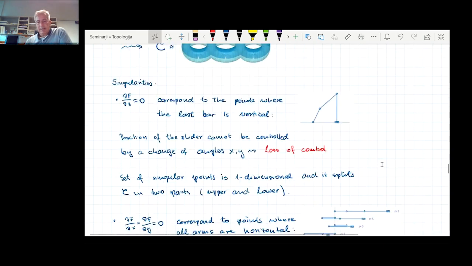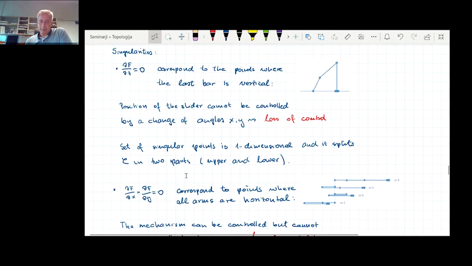Okay, the second type is also problematic, but a little bit more benign. So if you look at the singularities with respect to the input data, you find that it's a solution of this system of two equations, and you find those 4 on the upper half, and symmetrically there are another 4 singularities on the lower half, and these are the cases when the bars are horizontal.